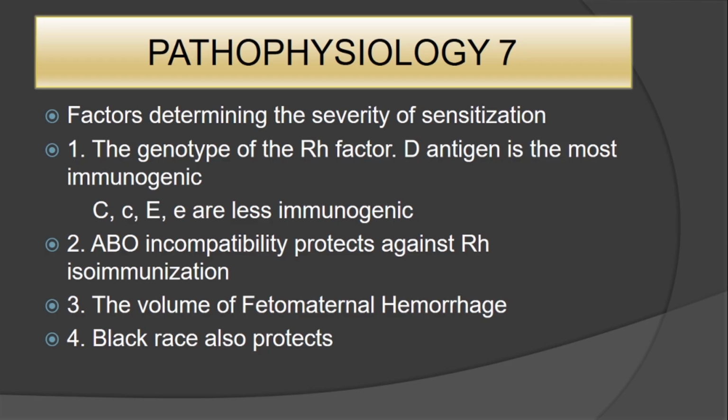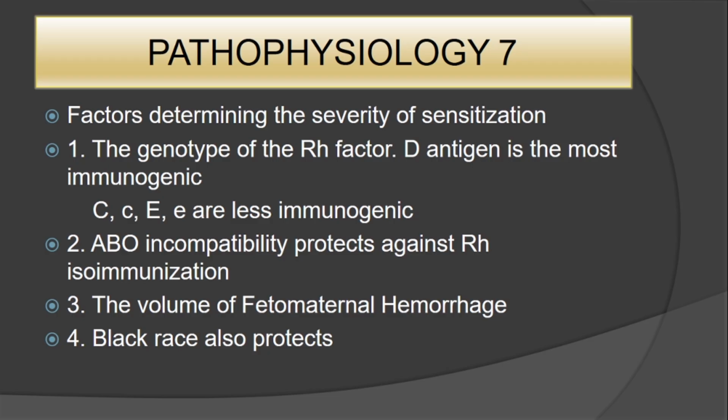And if a significant amount is removed, the Rh sensitization by the Rh antigen may not occur in the mother. And we also look at the volume of the fetal maternal hemorrhage.